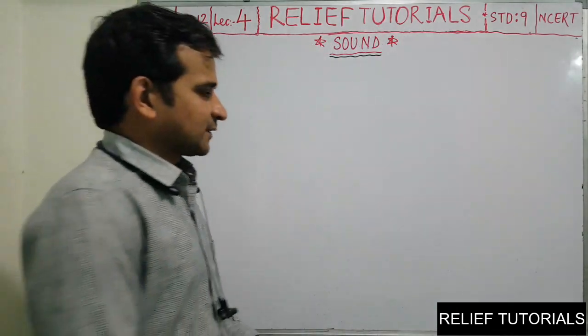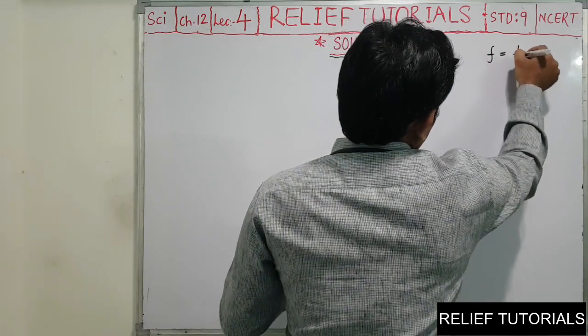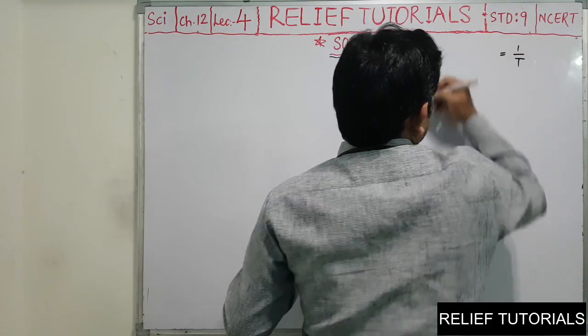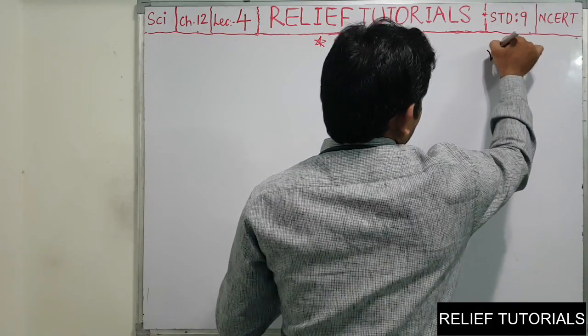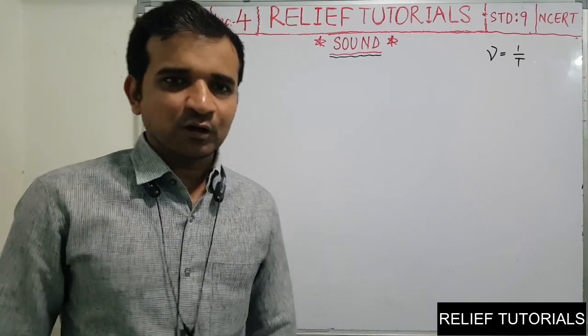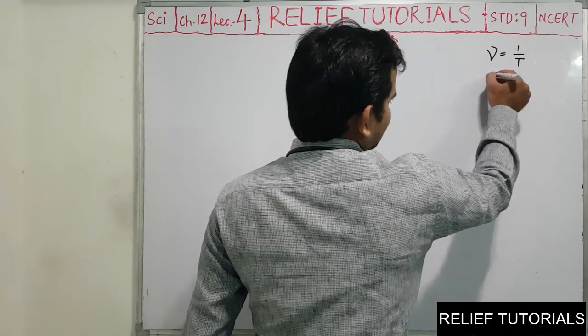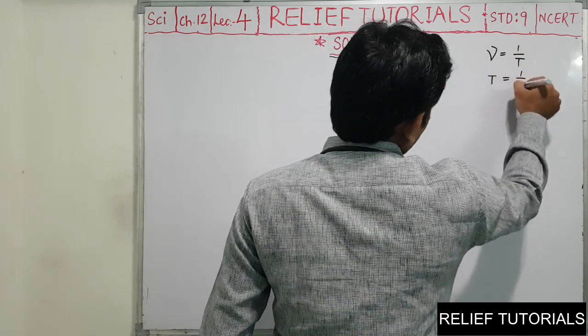In all these topics, we have seen the different formulae. Formula for frequency: frequency is 1 by T. In place of f, we normally write nu in your NCERT textbook. Frequency is 1 upon periodic time. Periodic time is 1 upon frequency.